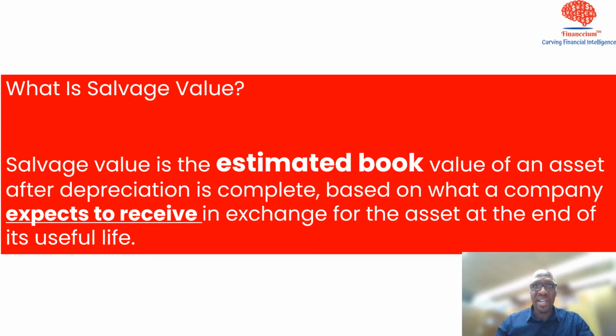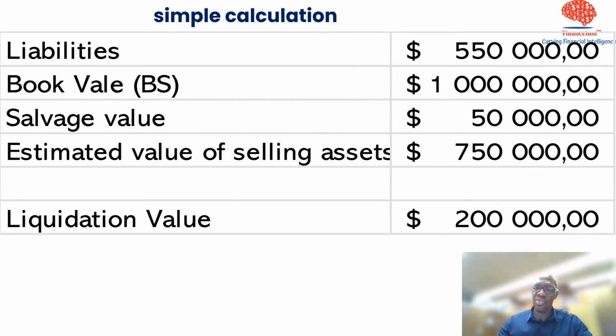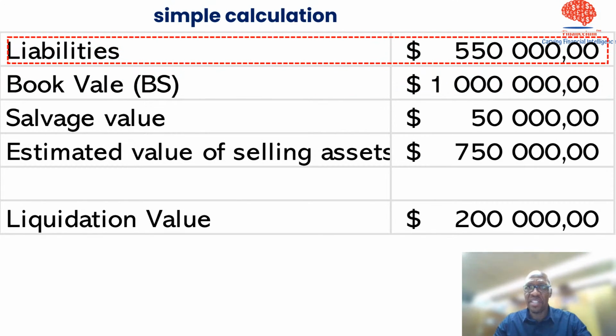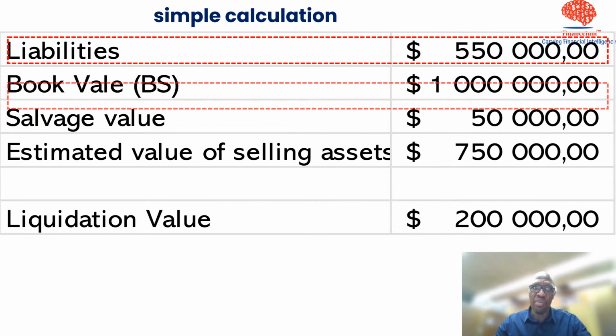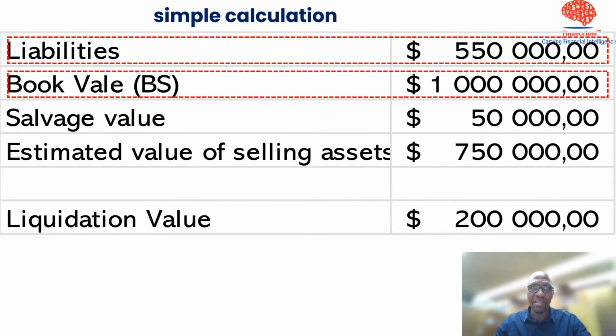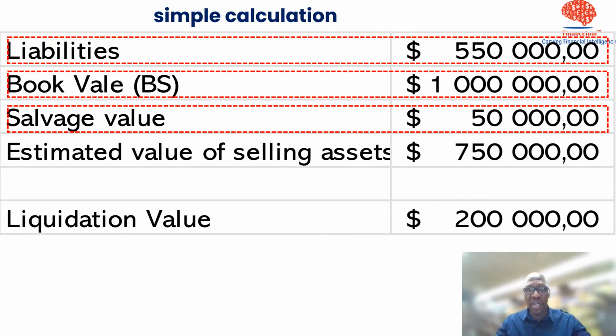Just to make a quick calculation to help you understand this, let's assume that you have liabilities of 550,000, and when you look at the balance sheet, your book value, not value, book value is $1 million, and the salvage value of your assets in totality is around 50,000.